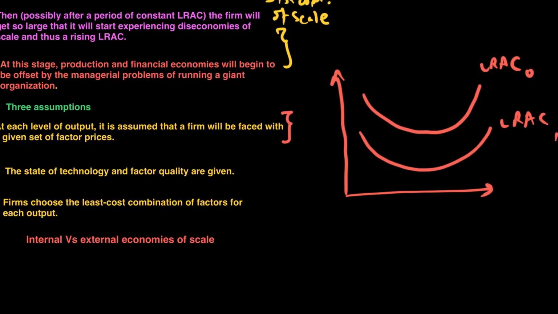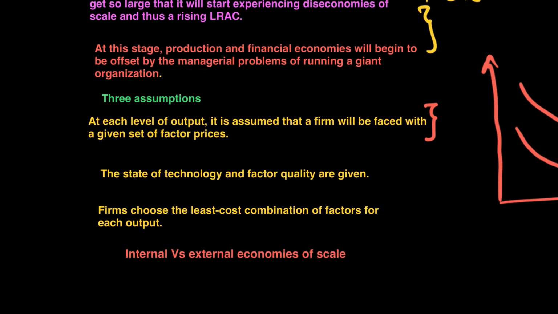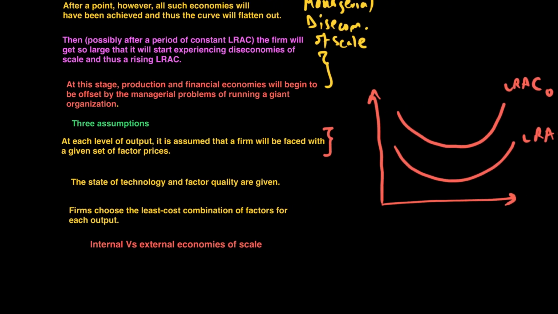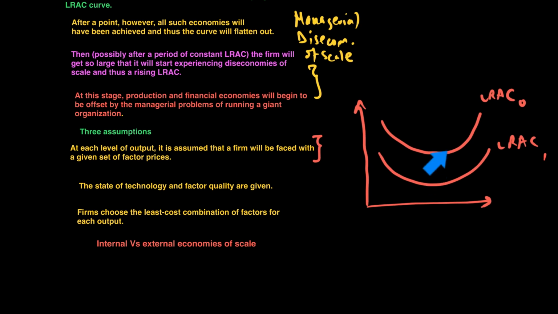Also, when you're drawing LRAC naught, we're also assuming that the state of technology and factor quality is given. That's also not changing, because if that changes, the LRAC will again shift downward.